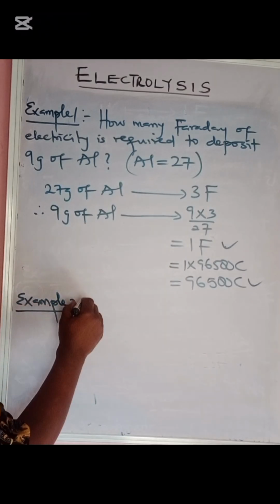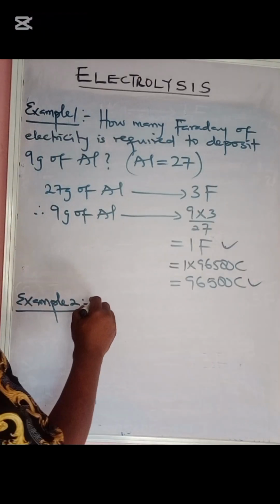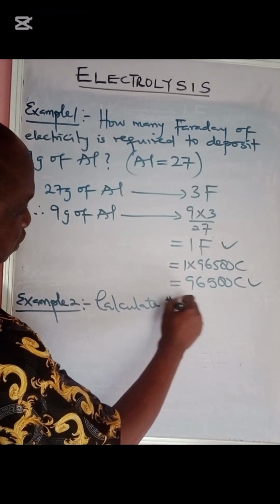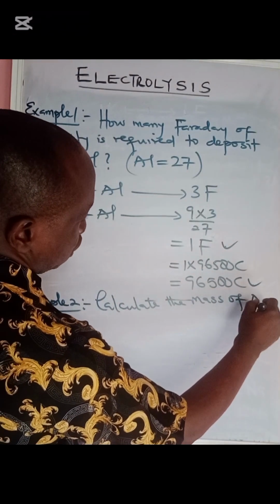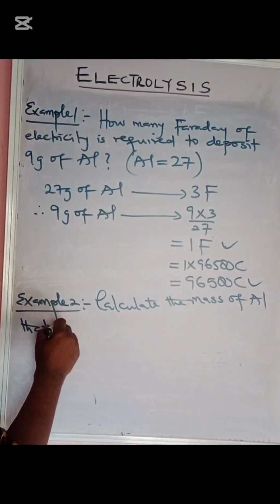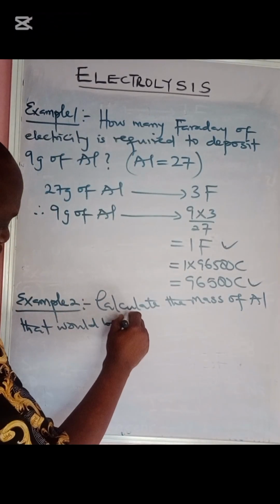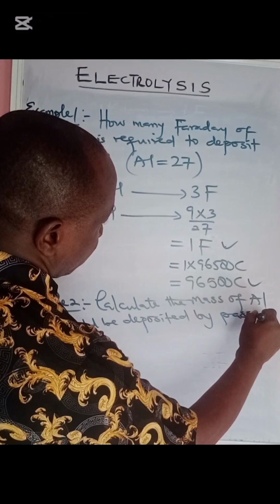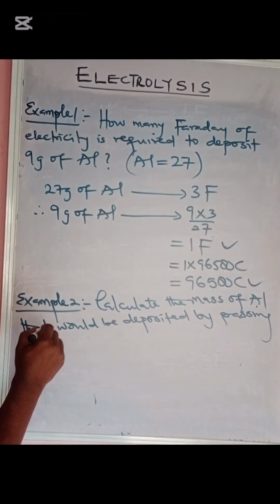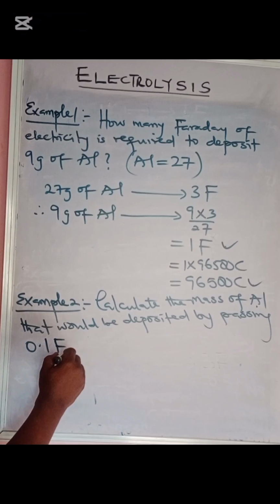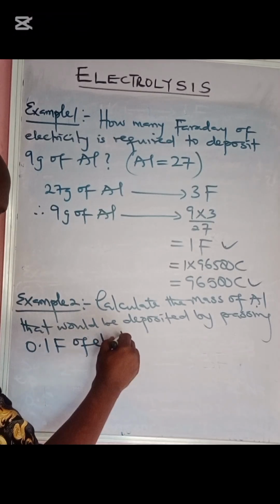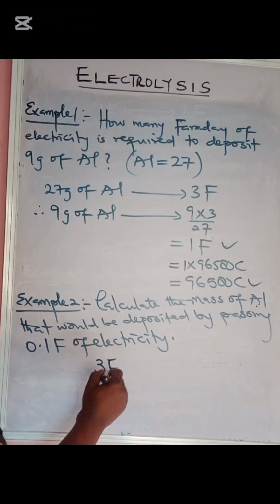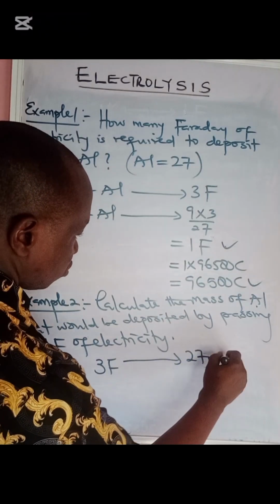Example 2. Calculate the mass of aluminium that would be deposited by passing 0.1 Faraday of electricity. 3 Faraday will deposit 27 grams of aluminium.